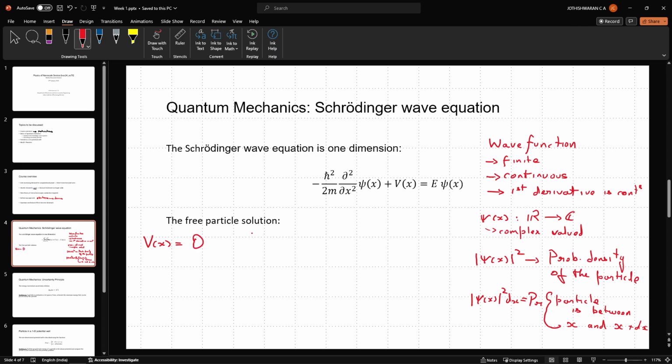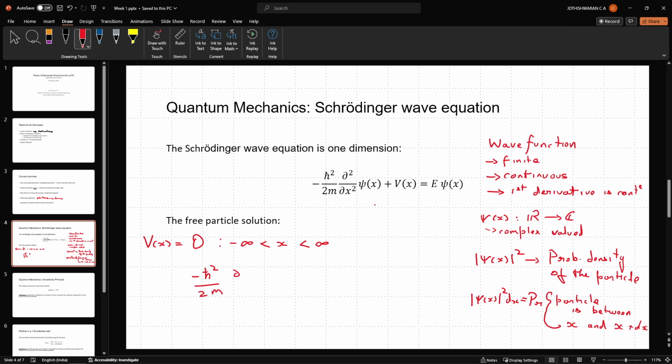This is a one-dimensional system for x from minus infinity to infinity, v of x is 0 everywhere. So now what will happen to this Schrodinger wave equation in that case? What happens is we shall have minus h bar squared upon 2m.